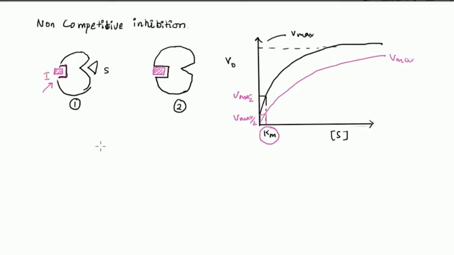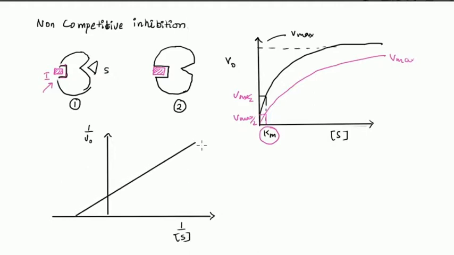Now, if we draw this out in a Lineweaver-Burk plot, what happens? So this is 1 by V naught, and the x-axis is 1 by substrate concentration. Now the first is the normal one, where 1 by Vmax is this point.